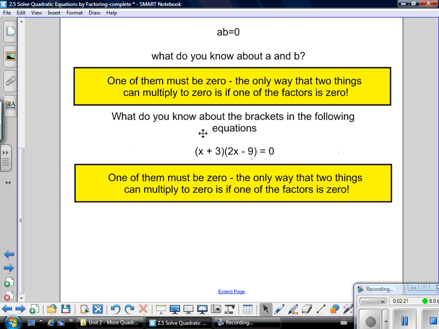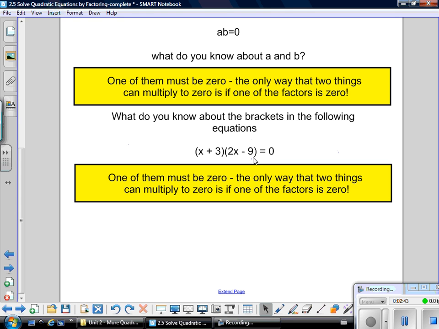So it applies here the same way as if I knew what a and b were as far as numbers go. We're going to use this knowledge, that a number times a number equals 0 means at least one of the numbers has to equal 0, in order to solve quadratics.